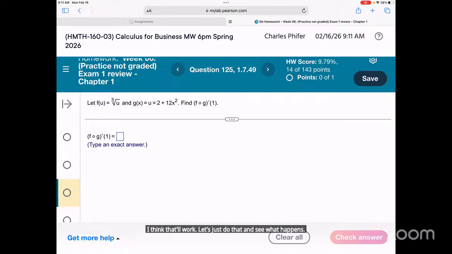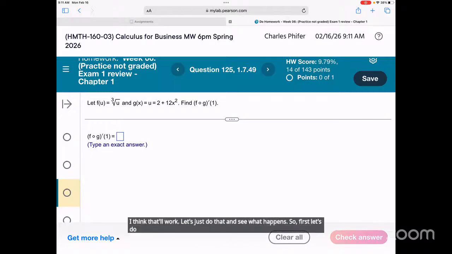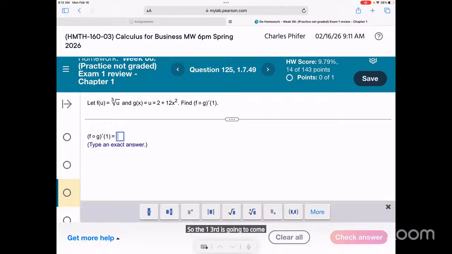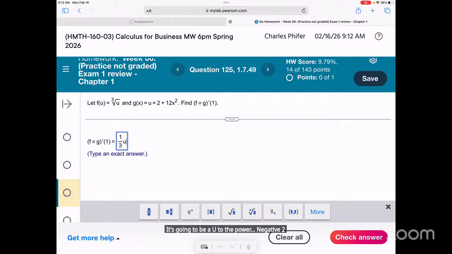So first, let's do f prime. The 1/3 is going to come down. It's going to be u to the power negative 2/3 times g prime, which is going to be 24x.